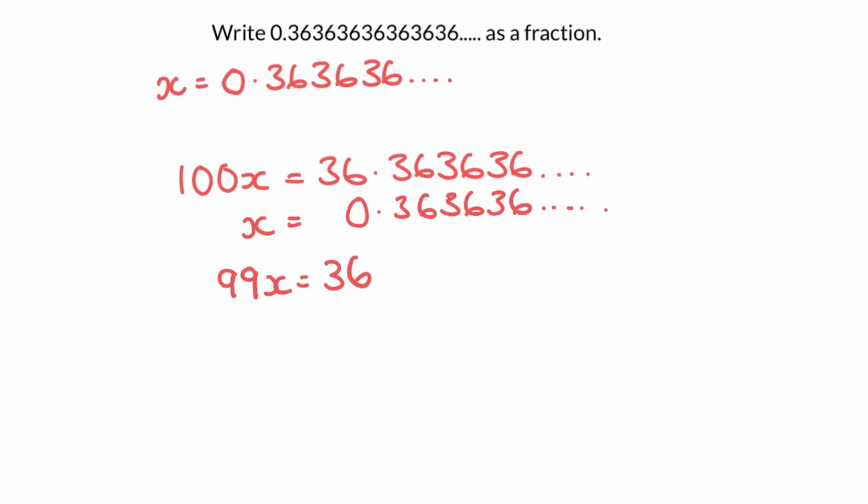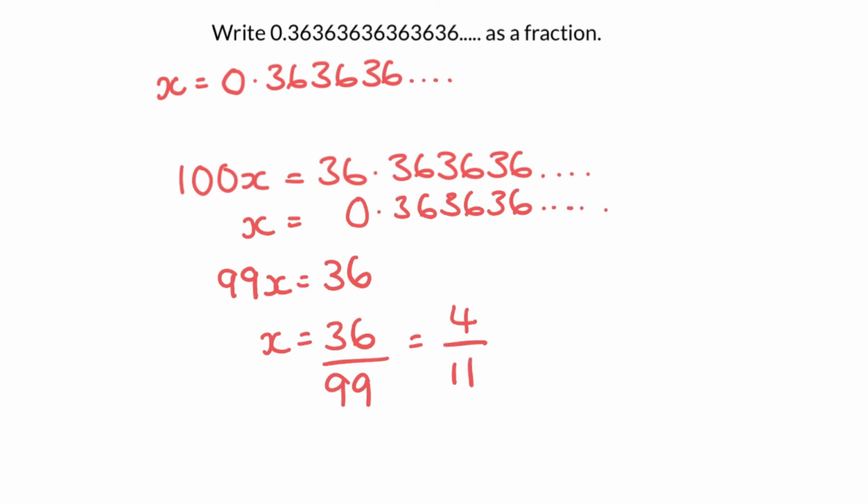So then it's a simple equation. We can divide both sides by 99 to give us x equals 36 divided by 99, and then we can simplify that fraction to 4 over 11 by dividing both top and bottom by 9.